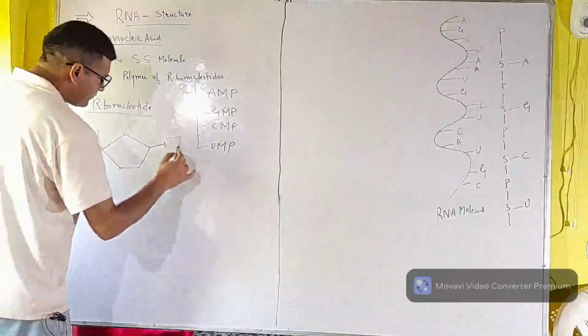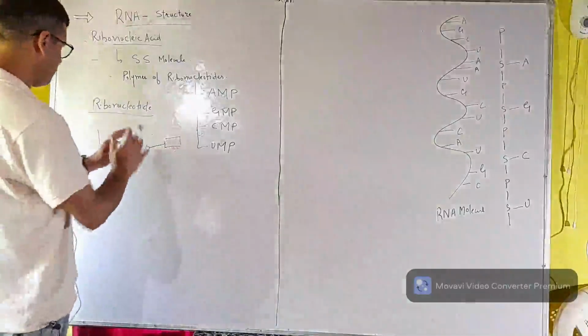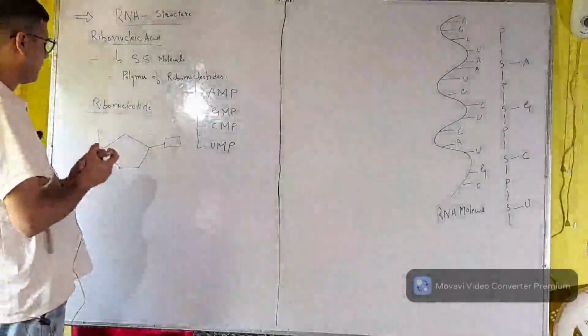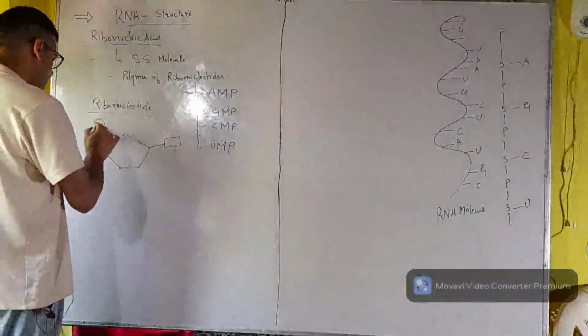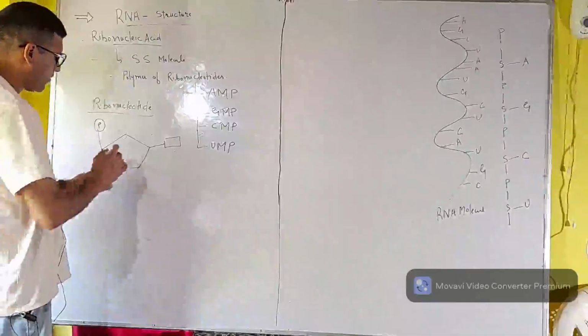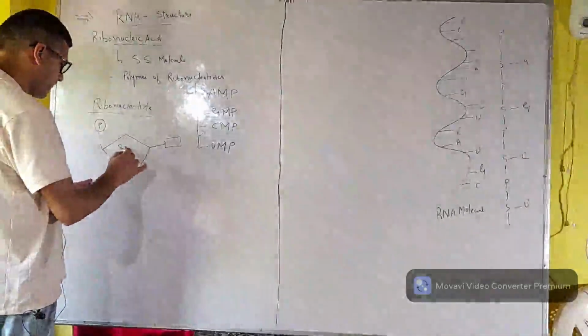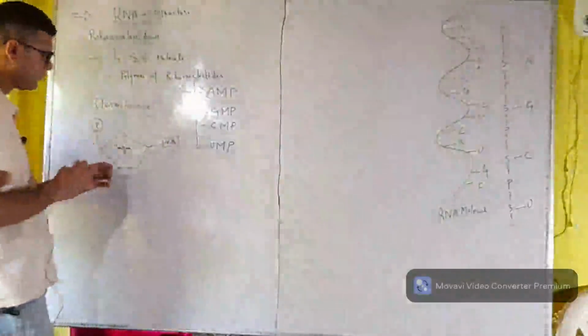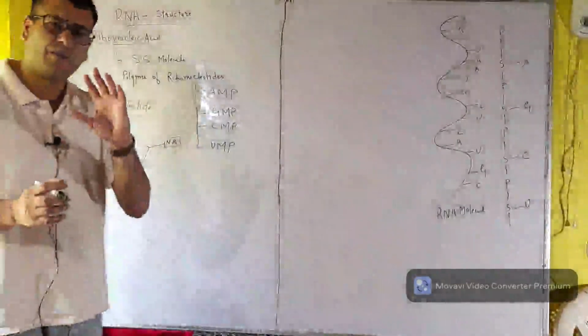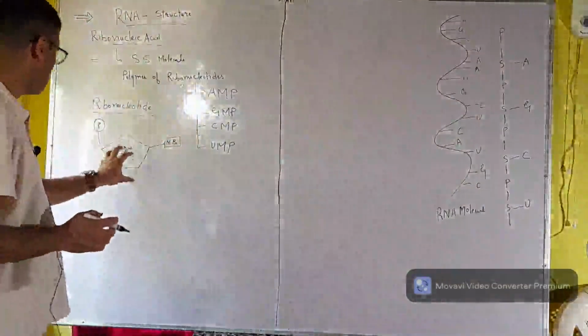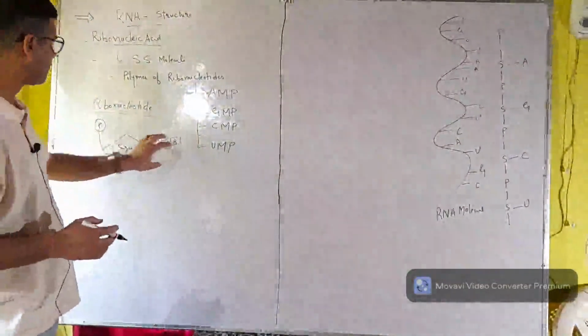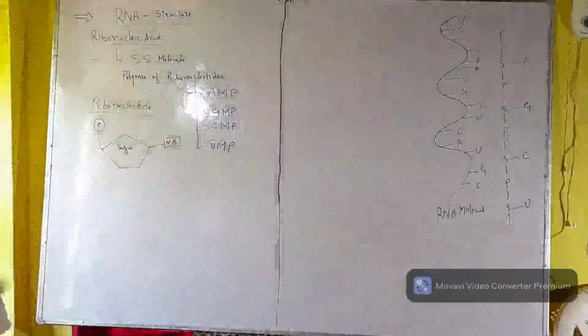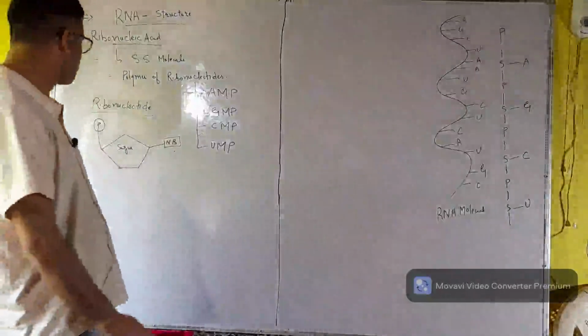For example, we consider it as a nucleotide. This is the sugar component. This is the nitrogenous base, and this is the phosphate group. So a typical nucleotide has got what? It has got a sugar component, a nitrogenous base, and a phosphate group. So three important components are present in a nucleotide.